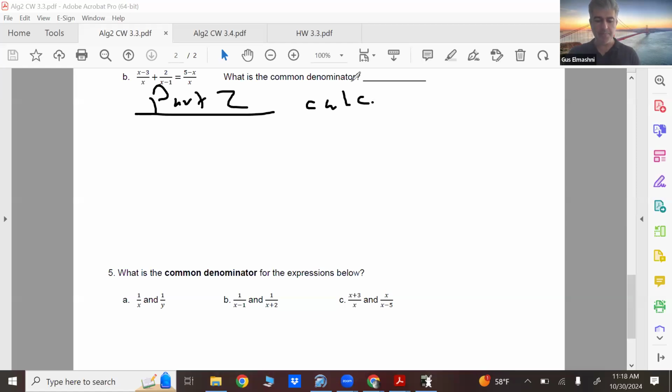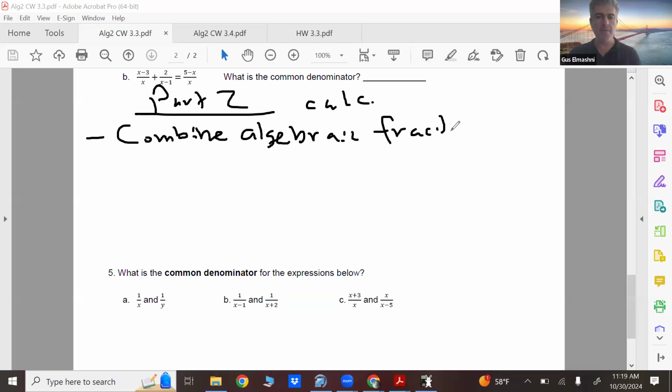I'm trying to think, how do I label this? Combine algebraic fractions. I'm going to call it that for you guys right now because I think that makes more sense. So it's something like that, combining algebraic fractions.